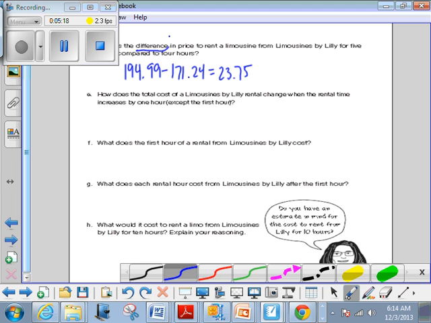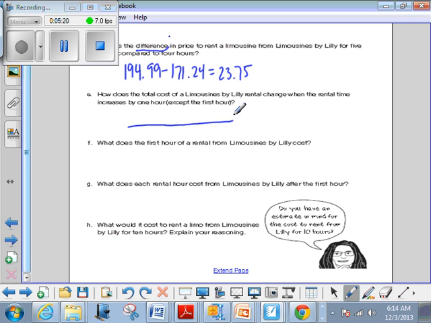For F, what does the first hour of a rental from Limousine by Lily cost? So look at your table. What does each rental hour cost from Limousine by Lily after the first hour? Think about the questions we just answered together and put your answer there.